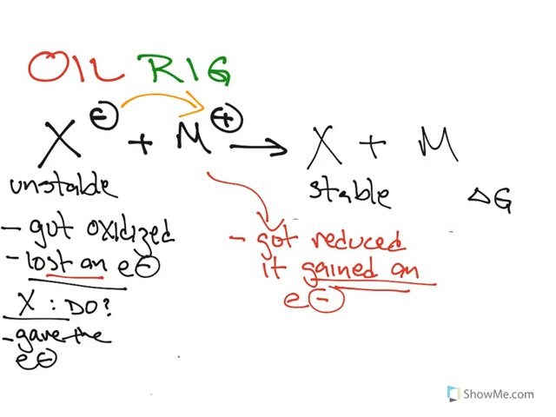It lost an electron. What did it do? It gave the electron to M. And therefore, what did X do to M? It reduced it, correct? So when something gets oxidized, we say that it reduced another molecule. Therefore, when something gets oxidized, it is a reducer.